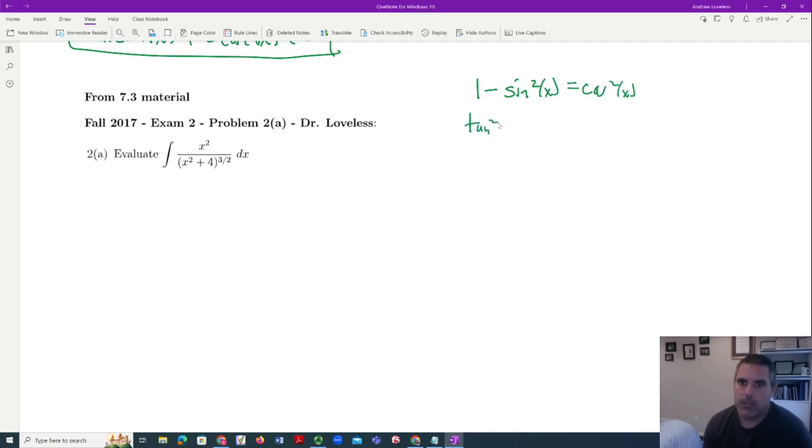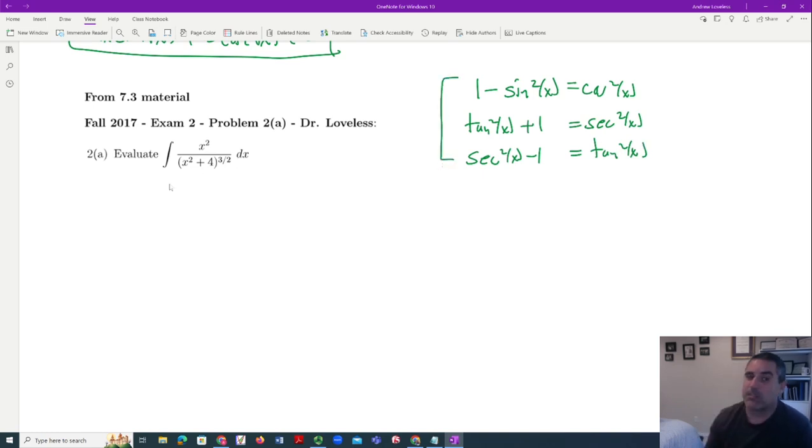Tangent squared of x plus 1 is the same thing as secant squared. It's funny because you don't see any trig here. So this is a very clever method. Secant squared minus 1. The truth is, these are hard integrals to do, but there is a way to turn them into trig integrals by using these identities. And that's basically what we're going to do.